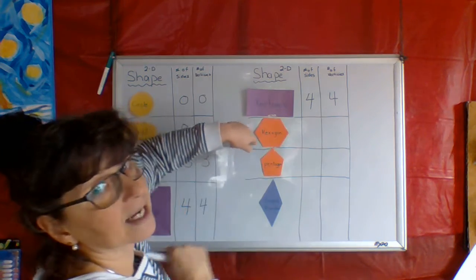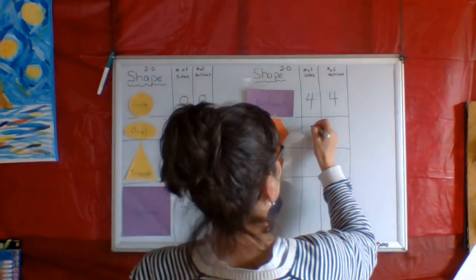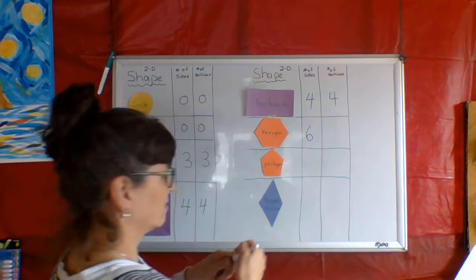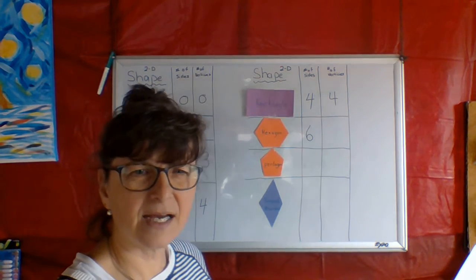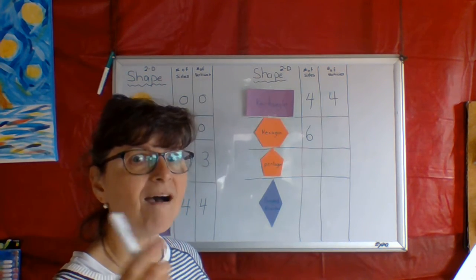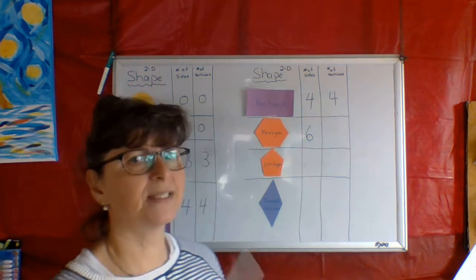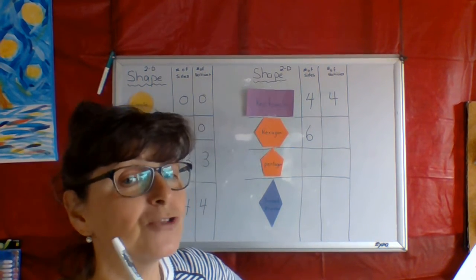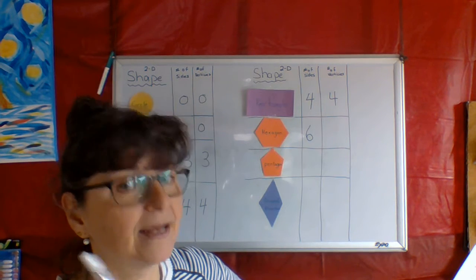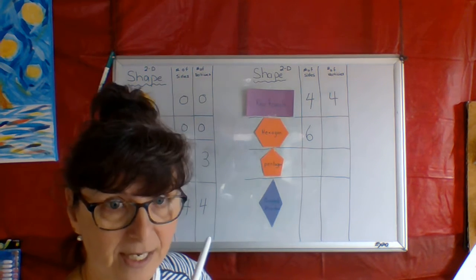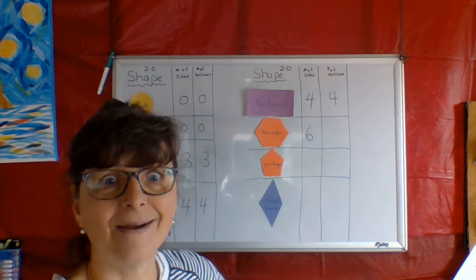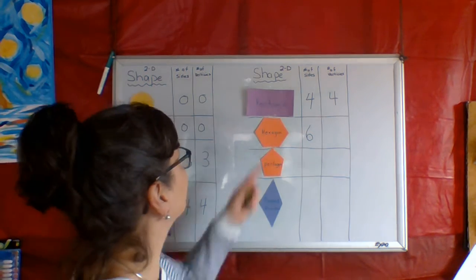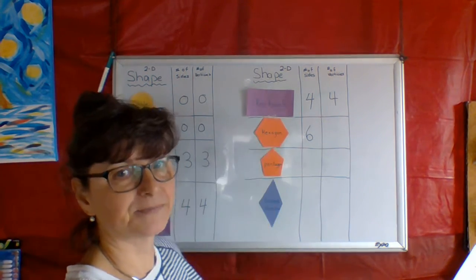Not going to count this side again because I already did. 6 sides. What shape does that look like? I bet you guessed a stop sign, and you're right. Stop signs have 6 sides, and they are called a hexagon.